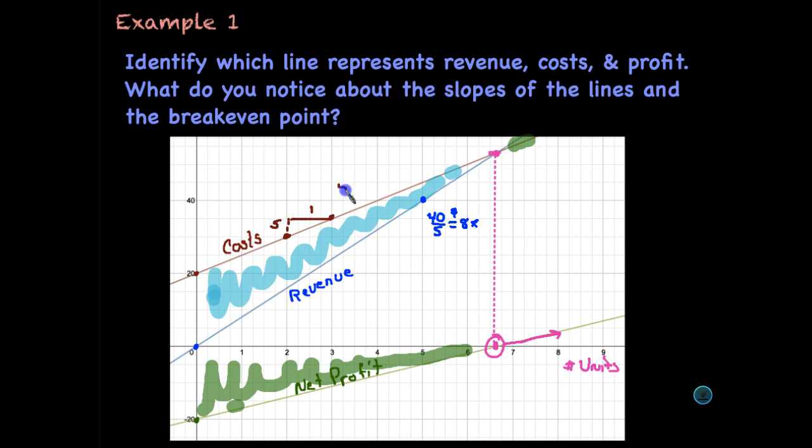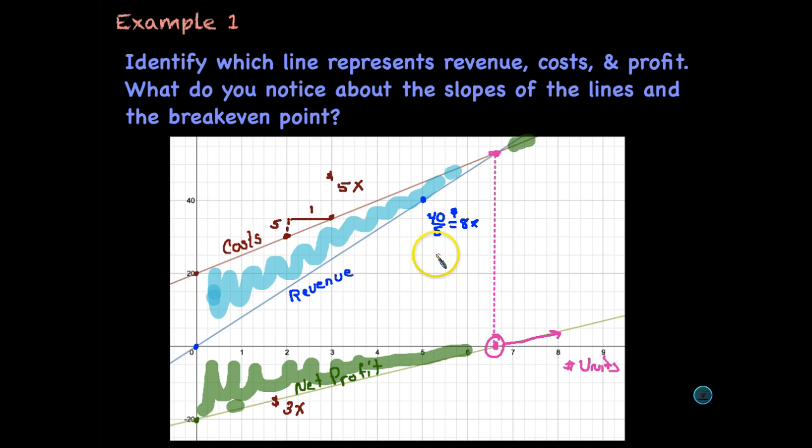So that means that our price per unit, or I should say our cost per unit, is $5. Compare these two. If we take the difference, that means that our net profit per unit is $3 per unit. And we could find 2 points and compare the rise over run to prove that.